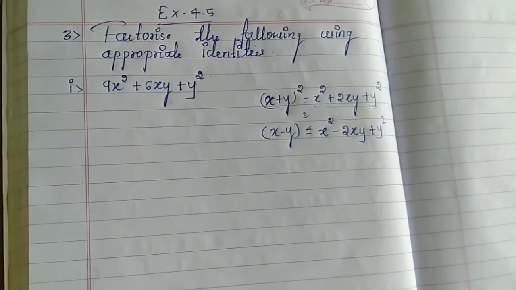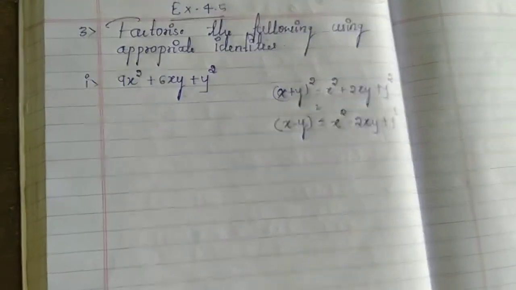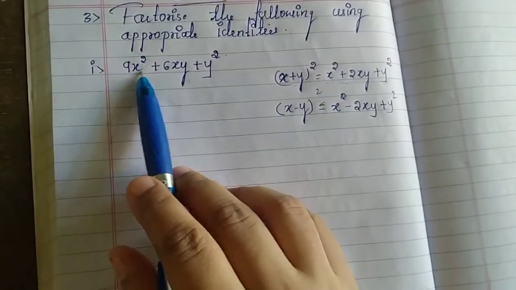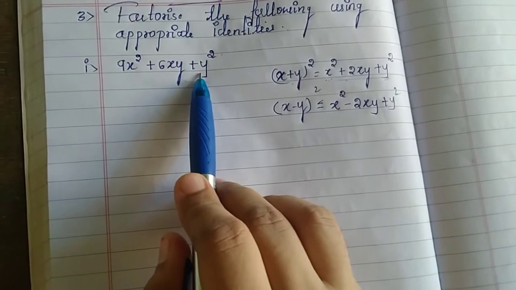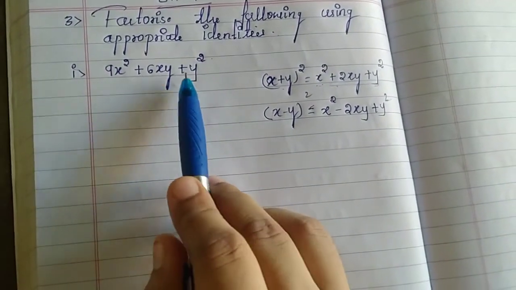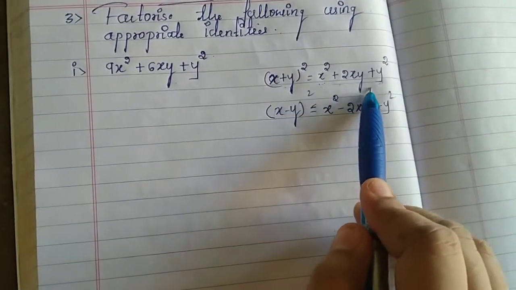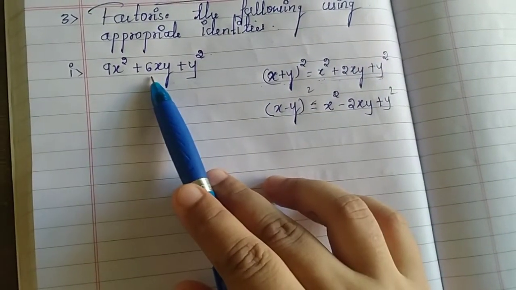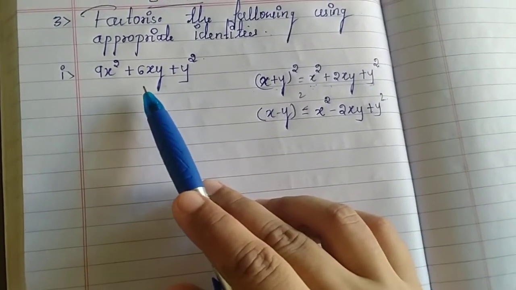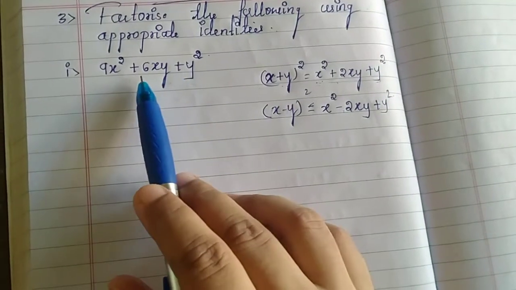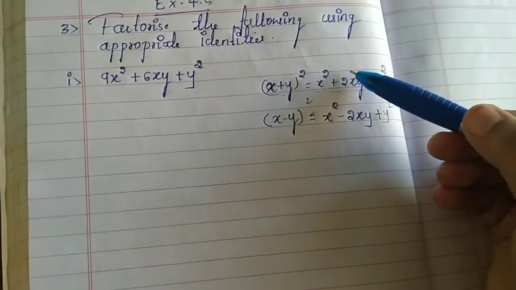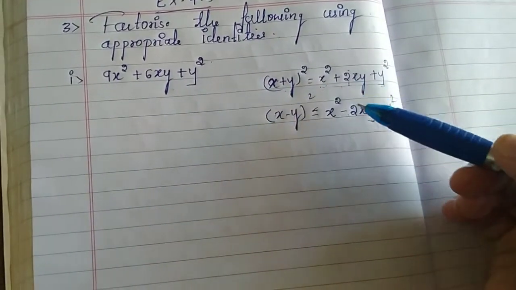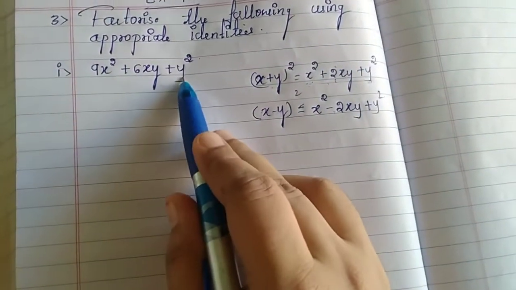Now you have to see here that all the terms have the positive sign, right? So if a minus sign is there anywhere, we can take this identity. But here all the terms have the positive sign, so it may be this identity or this identity, because only three terms are there.